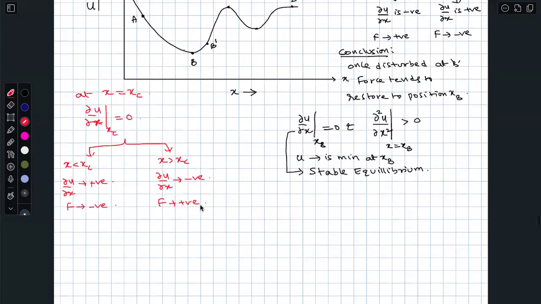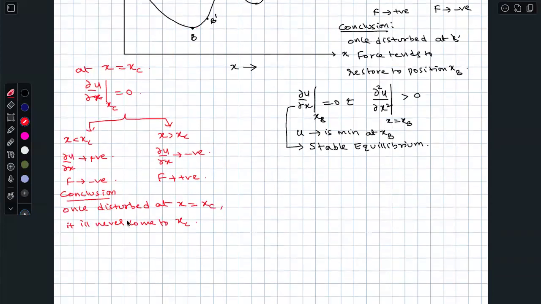So once disturbed at X is equal to XC, the conclusion is it will never come back to XC.